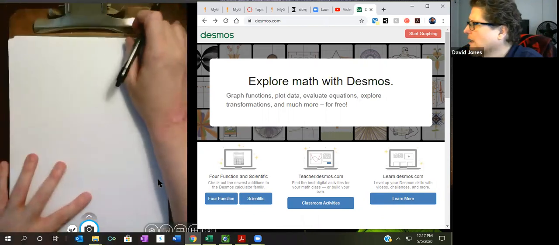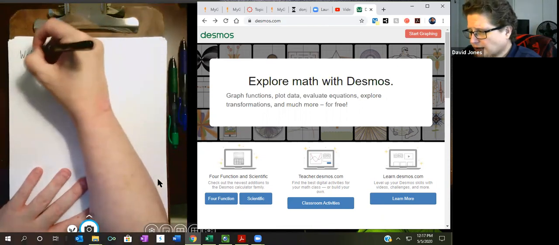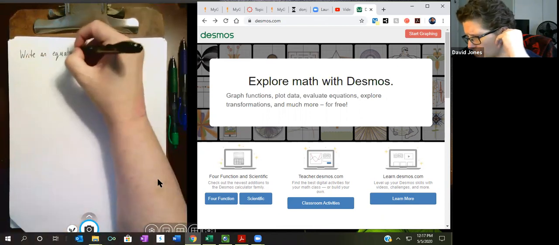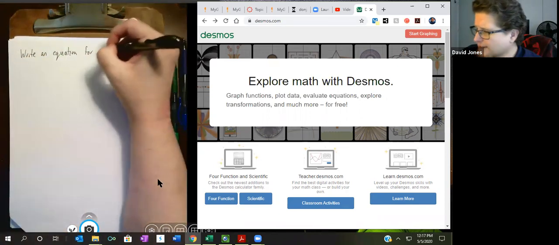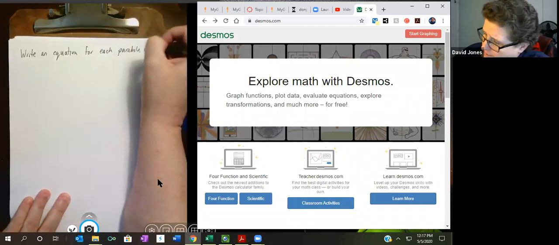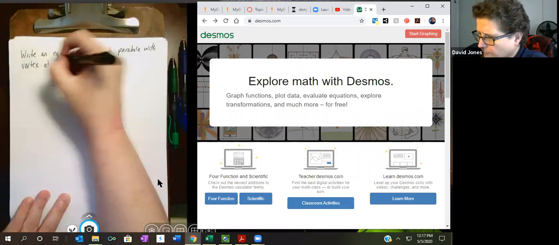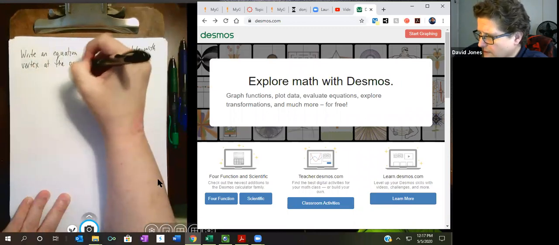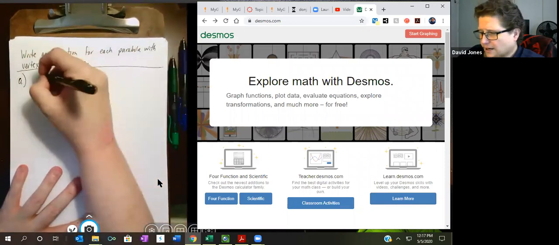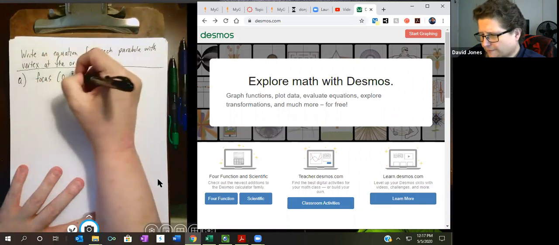So here, write an equation for each parabola with vertex at the origin. A, the focus is at 0, 3/4.